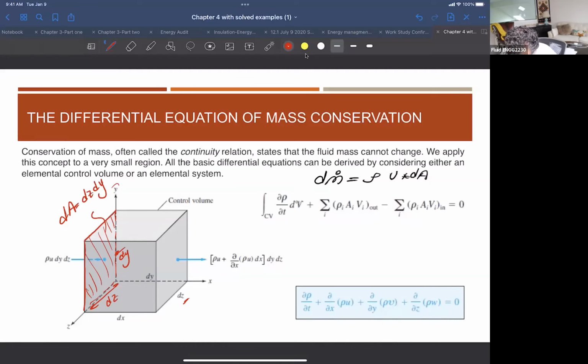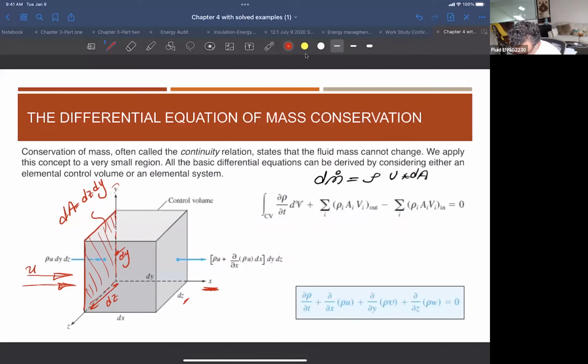If I multiply this area by the density and the velocity in this direction, what is the velocity in this direction? This is x. The velocity in the direction of x, we call it u. This is the component of the velocity in the x direction.